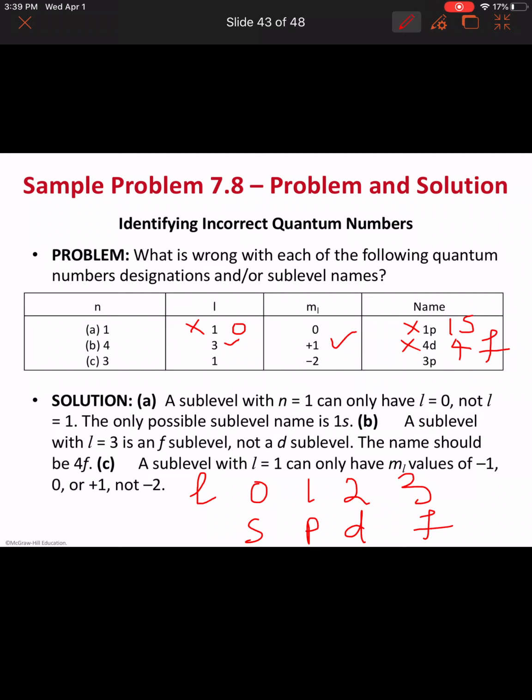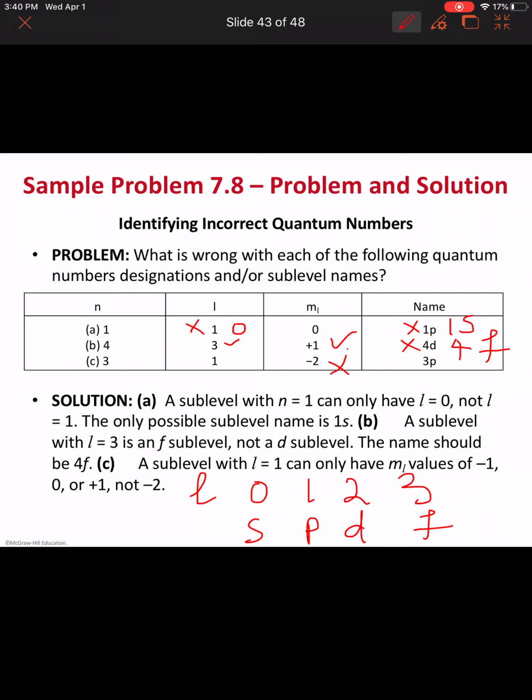And then the last one, n equals 3, L equals 1. Is that possible? Yes, n equals 3, L equals 1 is possible. How about ML? Can ML be minus 2 if L equals 1? No, it cannot be negative 2. How about being 3P?